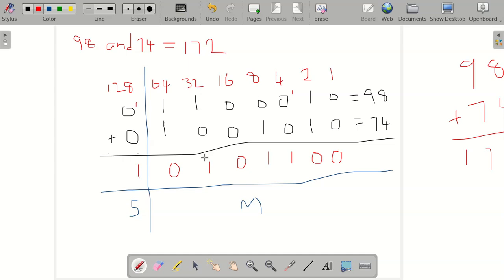So there we have 160. 160 plus this 8, we have 168. 168 plus this 4, we have 172. Now you can see that we have the correct number, which is 172. But in binary, I've said a 1 represents a negative, meaning even though this is 172, it's showing as if it's a negative number. Hence, an overflow has occurred.